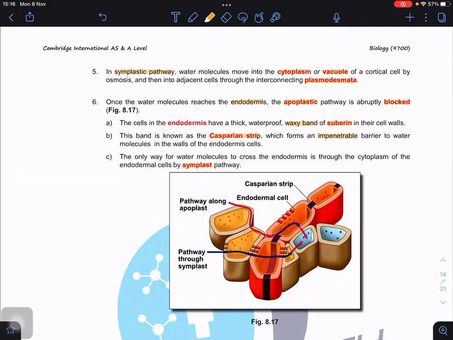You can see that this is the endodermis. Due to the deposition of suberin, can you see that it forms a band? It's not like it happens in the entire cell wall. You try to imagine that you have a box.